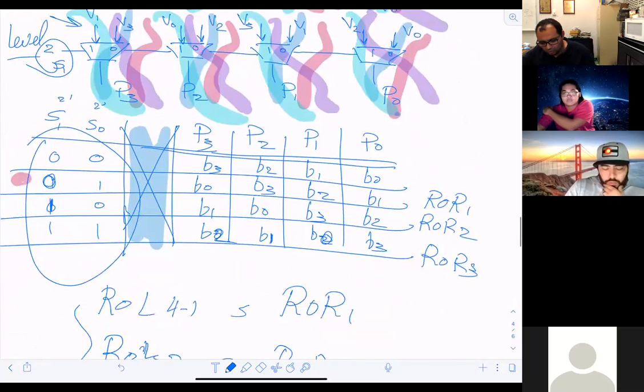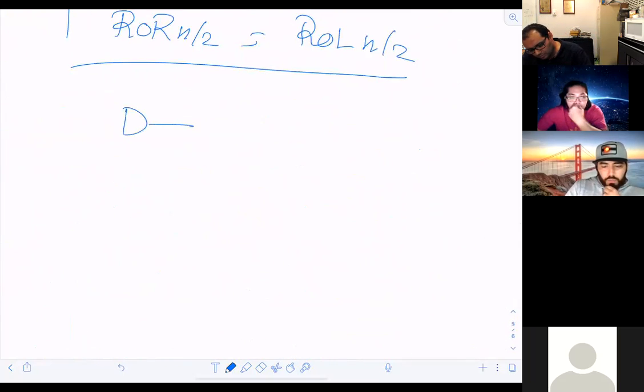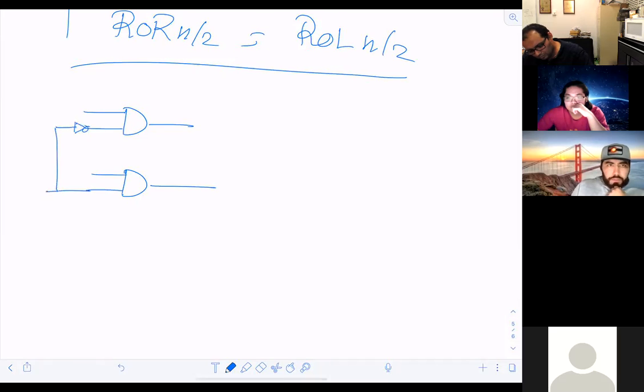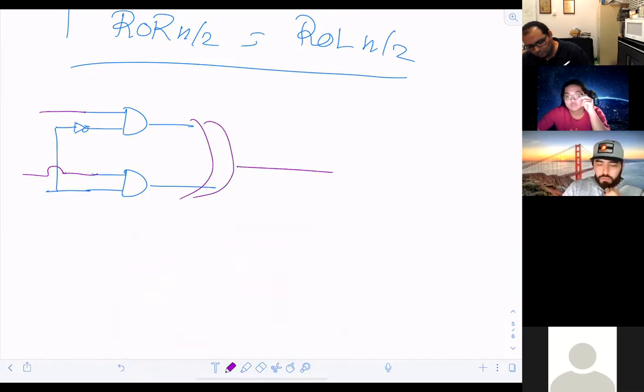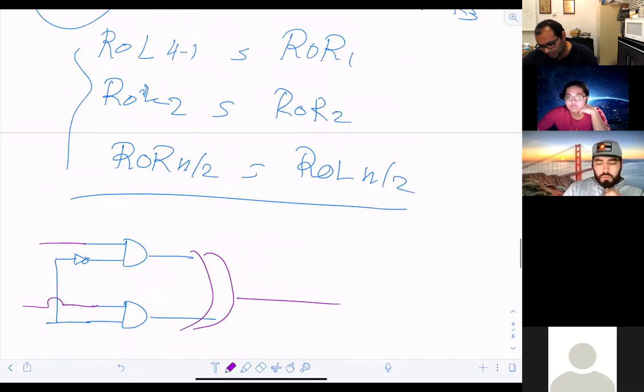A multiplexer generally looks like this. This is a multiplexer, and how it works is multiplexer passing to multiplexer, passing to another.